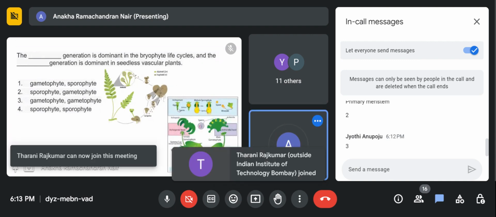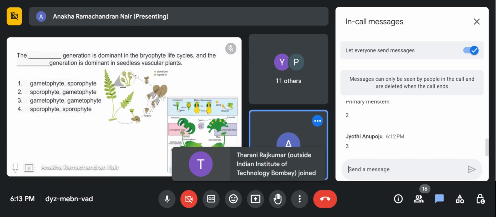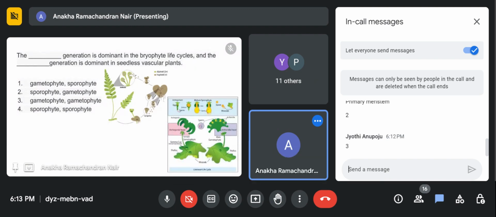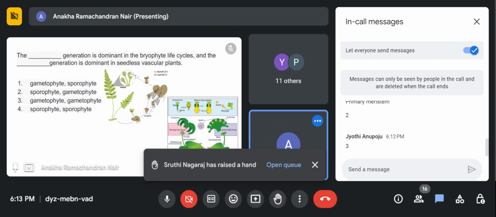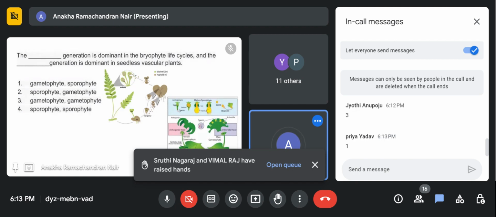Any answers? I can't see any in the chat. That's why I'm asking, just in case there's a lag. Yes, you can unmute yourself and ask the question. Shruti and Vimal both have doubts. You guys have raised your hand. So, what is the doubt? Just tell me.